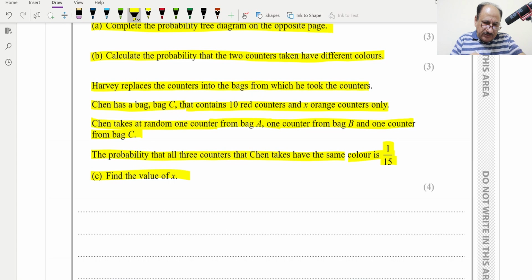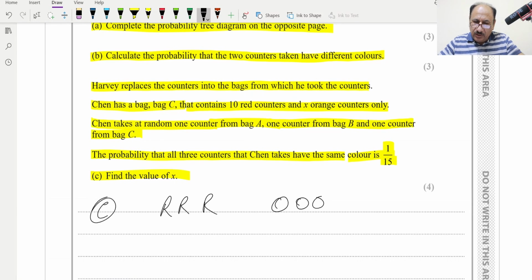So for C part, we can consider the probability, and same color will be what? Red, red and red, and it can be orange, orange and orange. These will be the two possibilities.